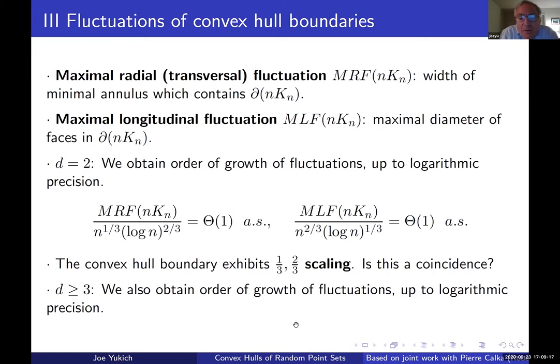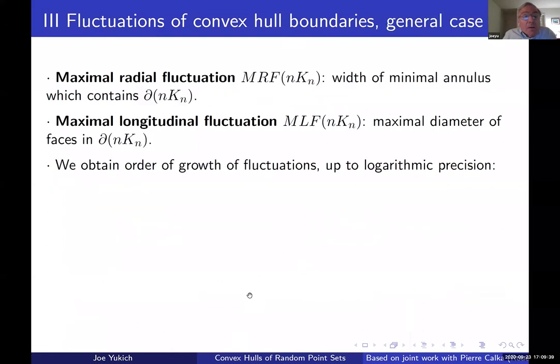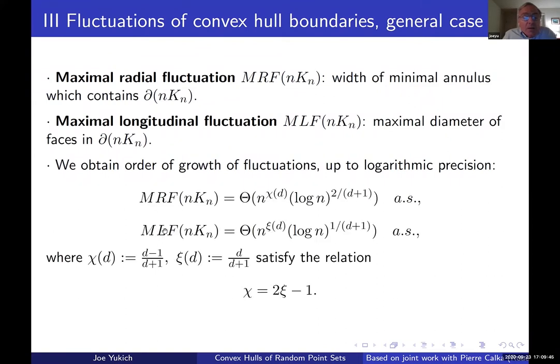Is this a coincidence? Is there something else happening? This is maybe not quite clear yet. Let me mention that in higher dimensions, we also obtain the order of growth of the fluctuations up to logarithmic precision. So in higher dimensions, the maximal radial fluctuation scales like n to the power chi of d, where chi of d is d minus 1 over d plus 1, with a log correction term.